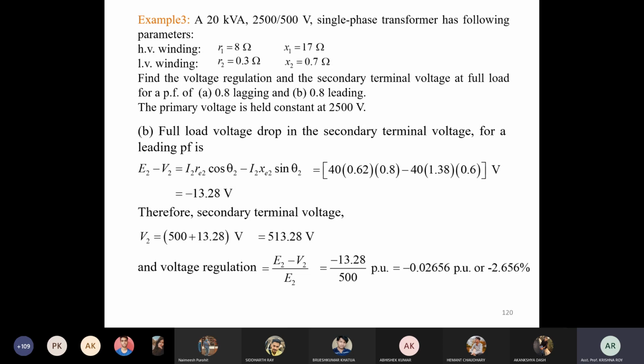So that is why voltage regulation is always kept within a permissible limit. A higher voltage regulation for inductive load as well as capacitive load is not desirable. But if it is within limit, then it is okay, both positive as well as negative. Okay, sir. Yes, sir.